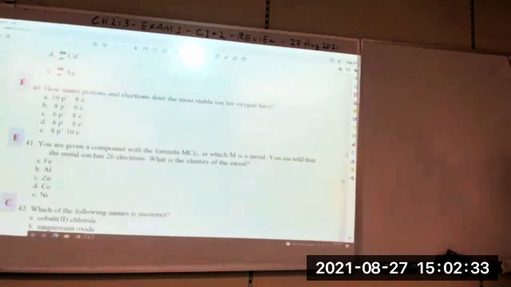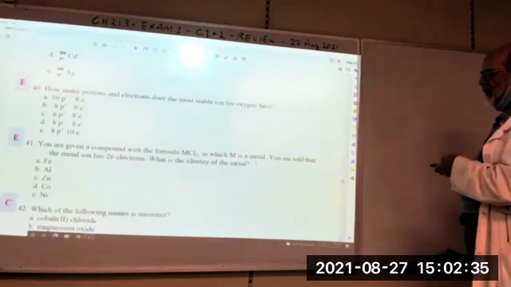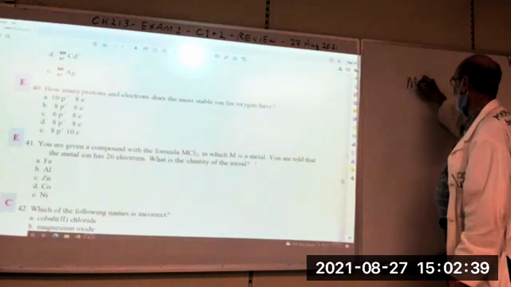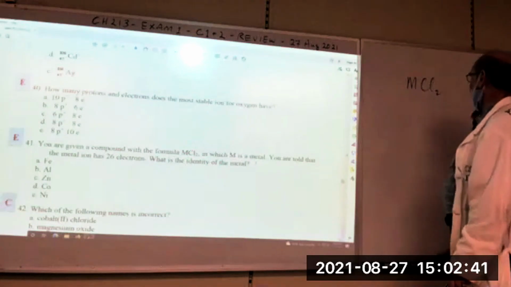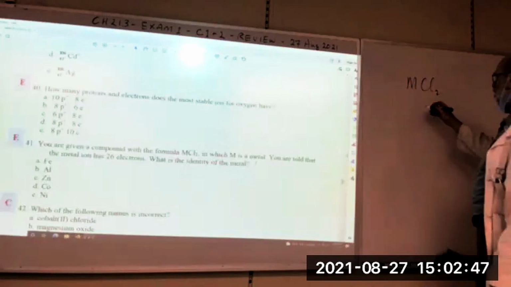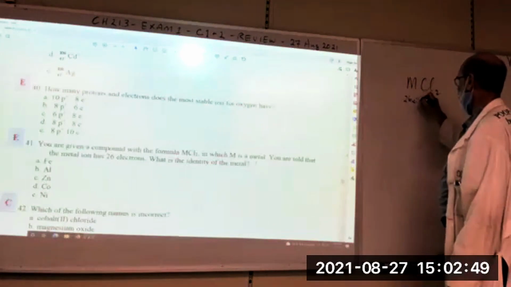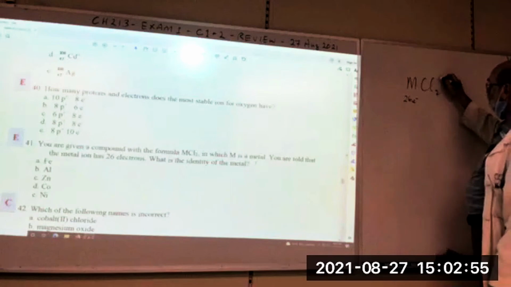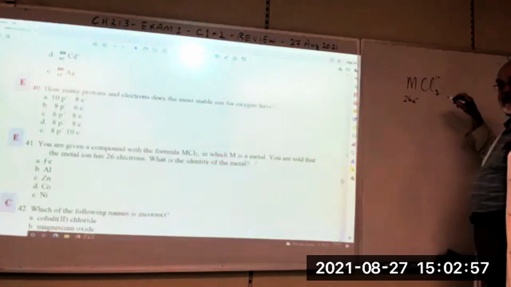Let's do this one, some detective work. You're given a compound that's a metal plus chlorine. It's a metal chloride. In those ratios, you're told that the metal has 26 electrons. What's the identity of the metal? Well, let's see. These we know are -1 each.